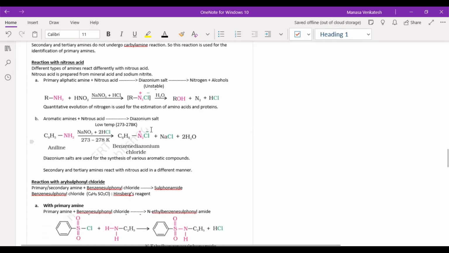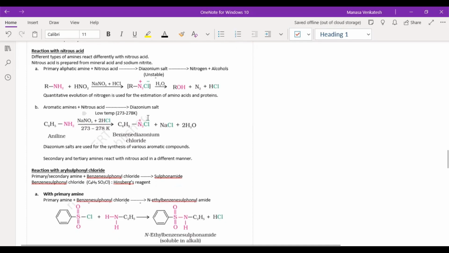Aromatic amines, on the other hand, undergo the same reaction at a lower temperature to give us a diazonium salt. Now, this diazonium salt is actually very useful for the synthesis of a lot of compounds, rather a lot of aromatic compounds. And notice this is actually quite stable due to the presence of a benzene ring.